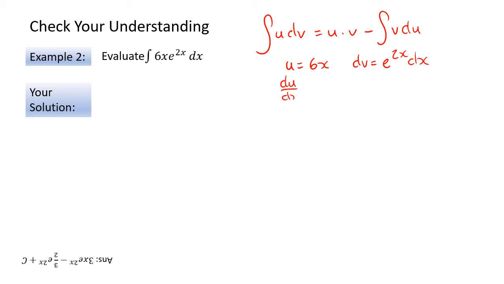So du by dx is just simply 6, or du is actually 6 dx. I do that kind of as a formality, to have the dx because I want it to end up in this final integral here. So now we know what dv is, and we know what the integral is for an exponential function.